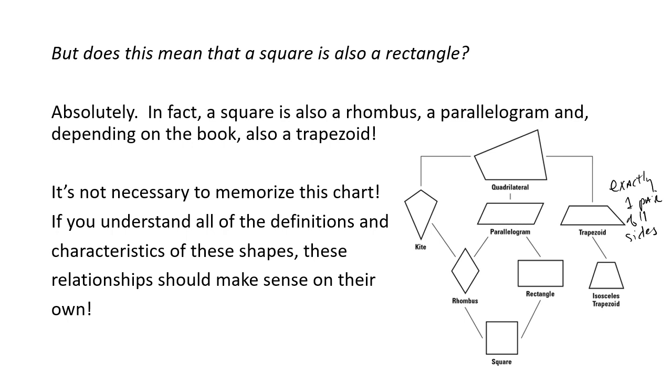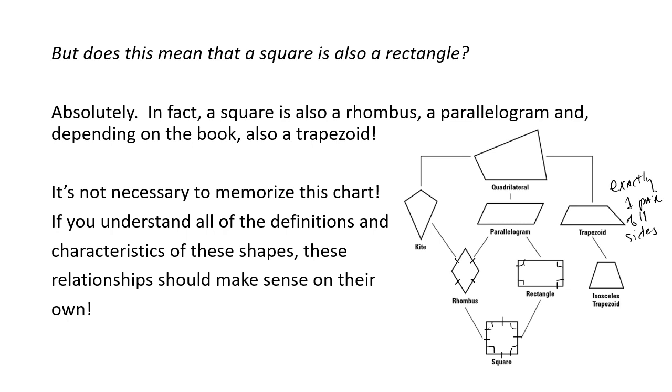A rectangle is going to have four right angles, and the rhombus is going to have four congruent sides. If I combine those characteristics, I have the four right angles of the rectangle plus the four congruent sides of the rhombus. So a rectangle plus a rhombus makes a square.